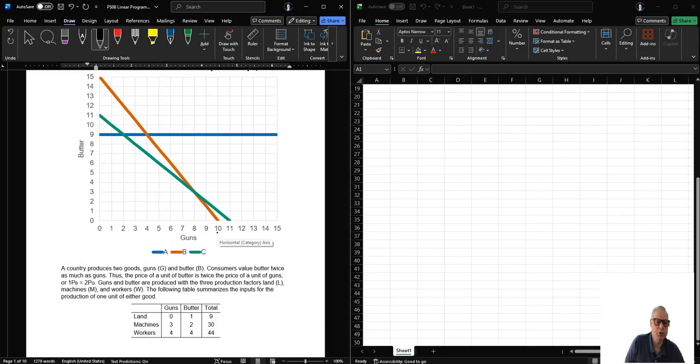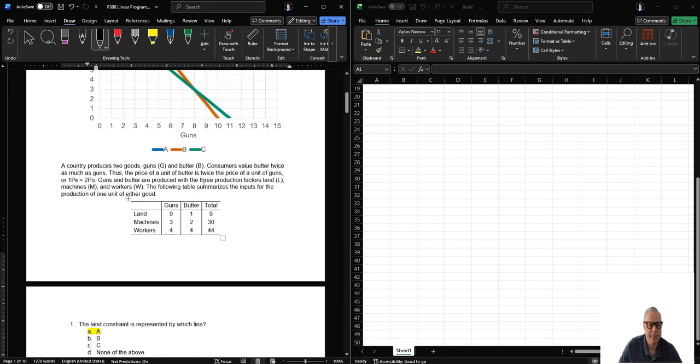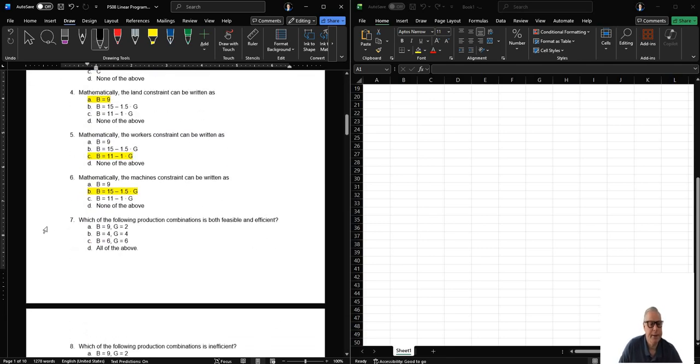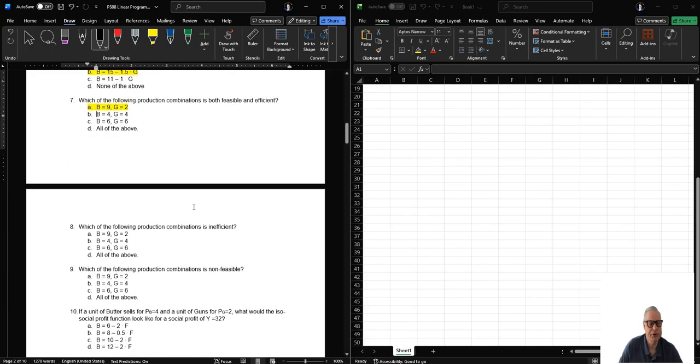So 9 and 2 would be here, and that is clearly feasible because the area of feasible production goes from 9 to 2, and then we go on the green line, and as soon as we cut the orange, we go to the orange line. So that is both feasible and efficient. So B equals 9 is feasible and efficient.